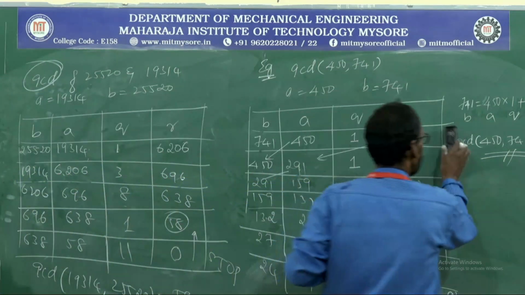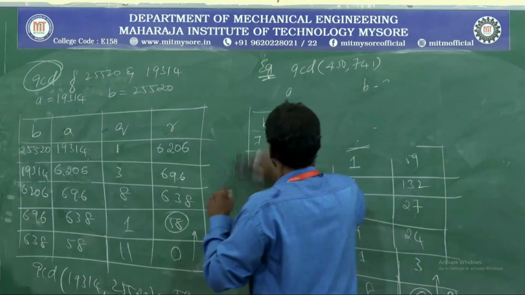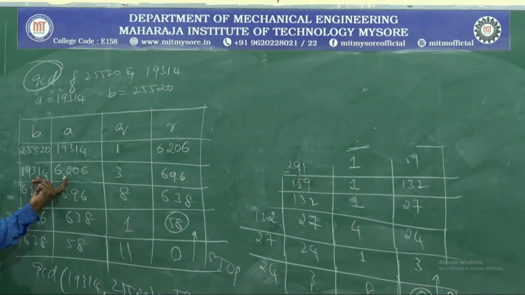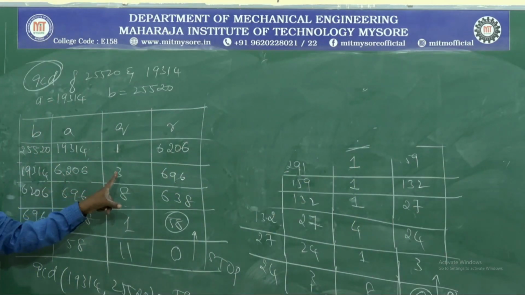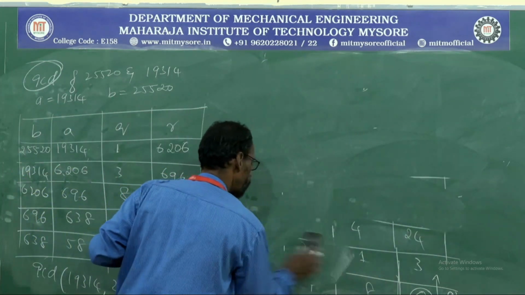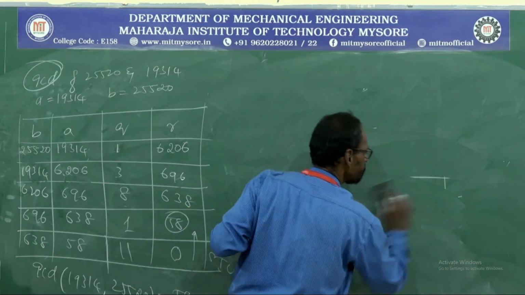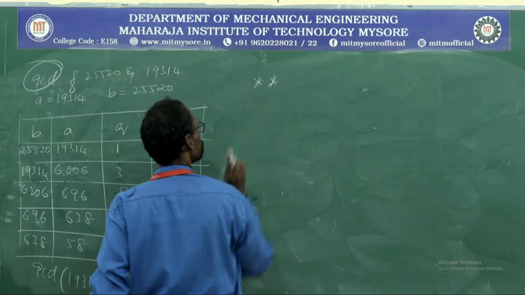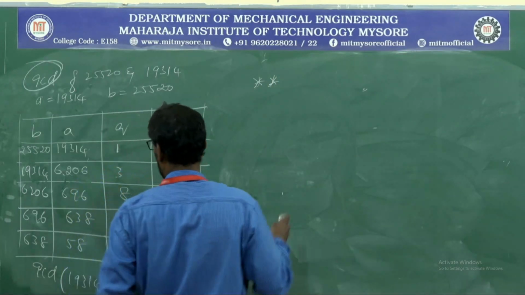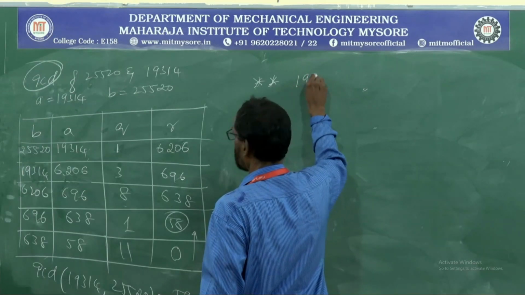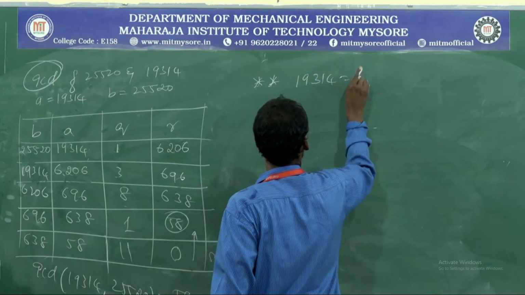Finish. Now my question is, sir, how easily can we find, for example, these two? Sir, how can I find 3 and 696? I'll show you now. You be ready with a calculator. See how to find. Say for example, I got 19314.